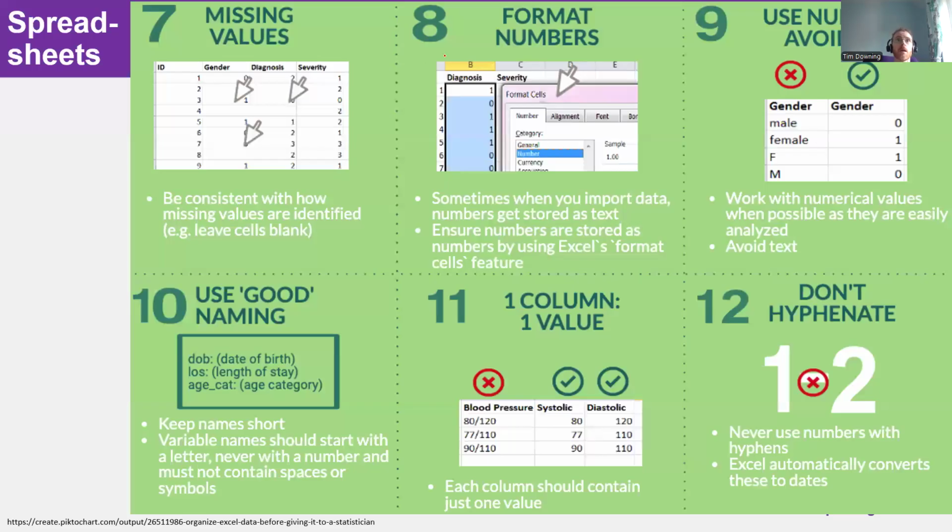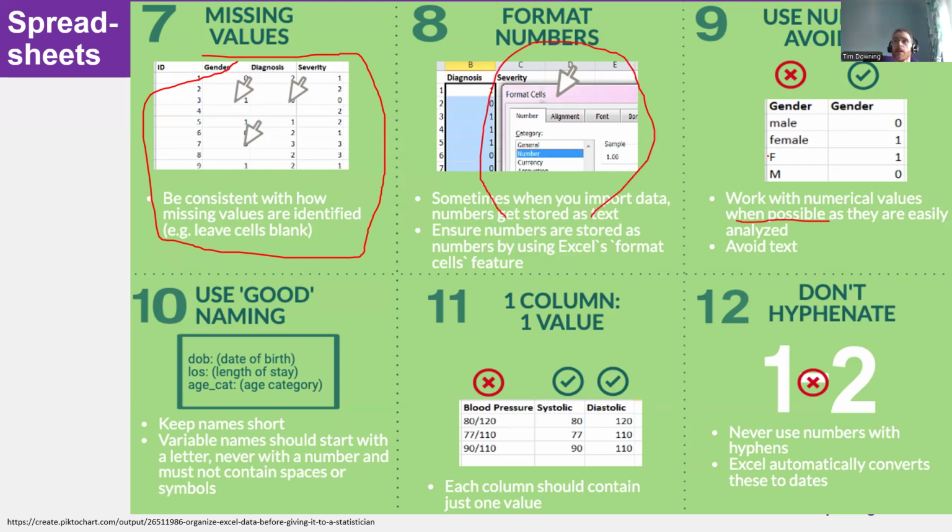More things: missing values should be recorded as NA, not left blank. You should ensure that the formatting of headers is consistent. Don't include numbers and text in the same column.